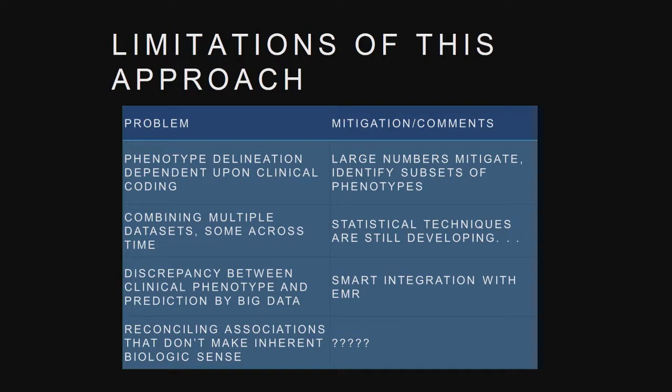Combining multiple data sets, and some across time, some of these data are longitudinal, right? We have metabolomic data when patients get there, but then we also have it provocative in the ED. So how do you deal with both the genomic variants, now a metabolomic variant at the beginning, but then a second metabolomic variant at the end, right?